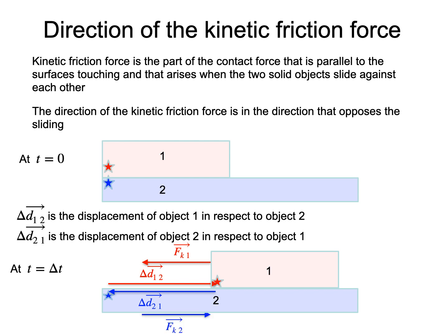Fk2 is pointing towards the right. Fk1 and Fk2 are pointing in opposite directions to each other, as they should according to Newton's third law. Note that those displacements only involve the relative position of the two objects. There was no mention of which object was moving with respect to another reference frame, such as the ground.